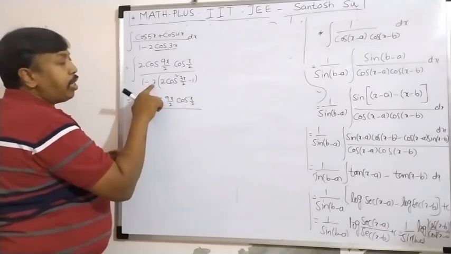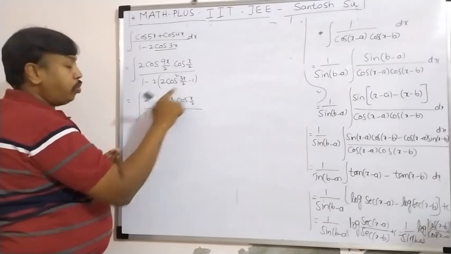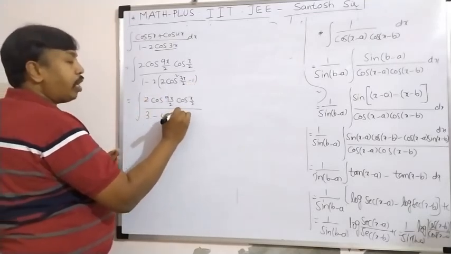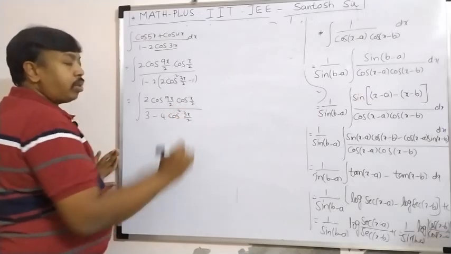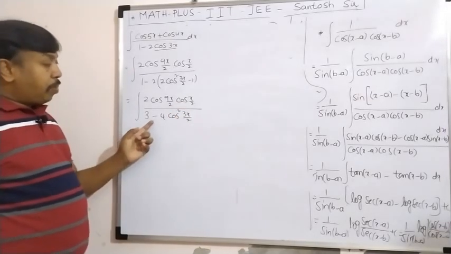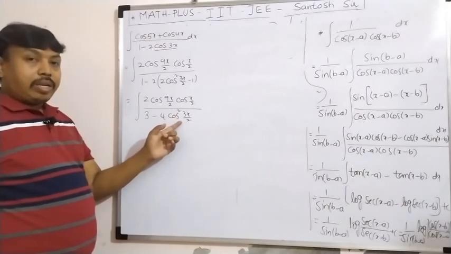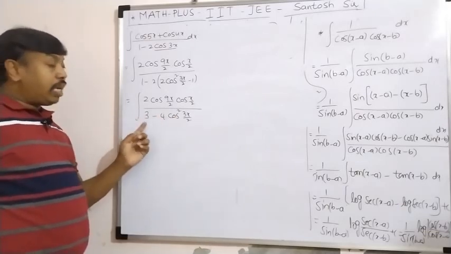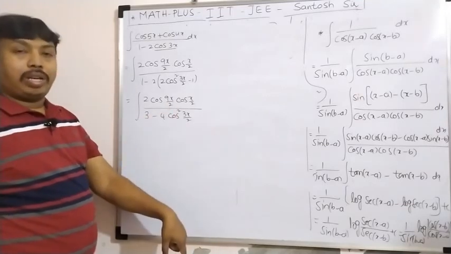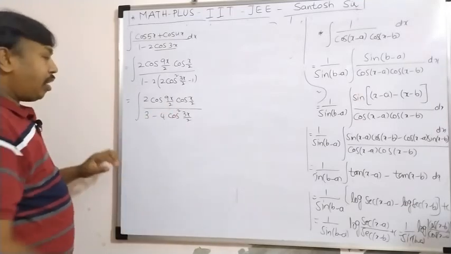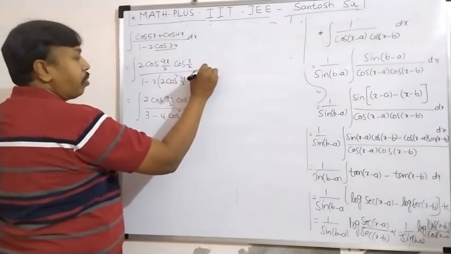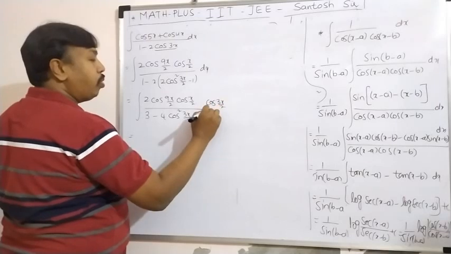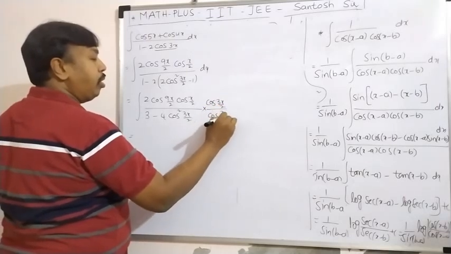If I multiply this minus 2 with this, it becomes plus 2, plus 1, that becomes 3 minus 4 cos square 3x by 2. So 3 minus 4 cos square theta, if I multiply by cos theta, gives 3 cos theta minus 4 cos cube theta, that is the cos 3 theta formula. So here I multiply by cos 3x by 2 in numerator and denominator.